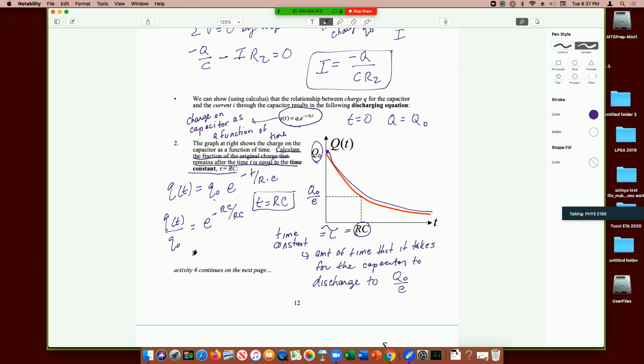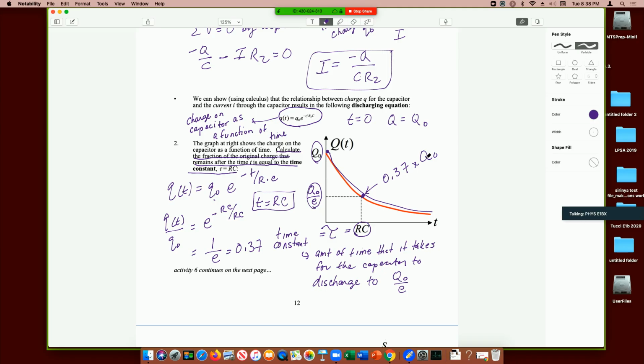Which is just minus 1. So this will be 1 over e. So that's 0.37. So that would mean that you've got 0.37 times the original charge at the time constant. After the amount of time that is equal to the time constant has passed, that's how much charge you would have left on the capacitor. That's how the time constant is defined.